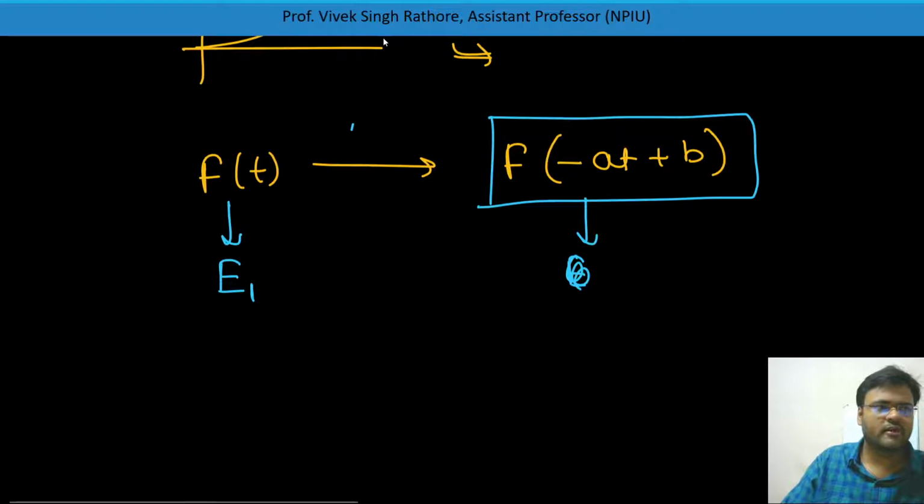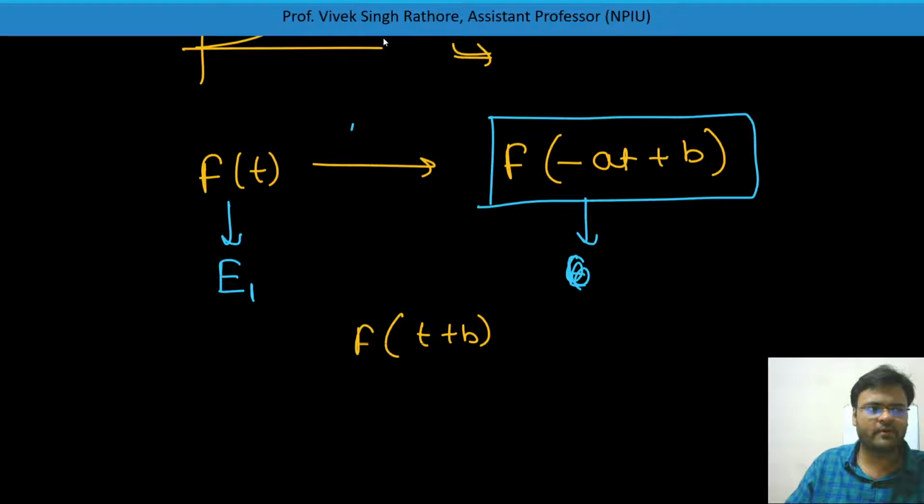As you know earlier, whenever we do some operations, first we will always do the shifting operation, so t plus b we will do. See, f(t) was there, and f(t) will be shifted, in advanced mode.